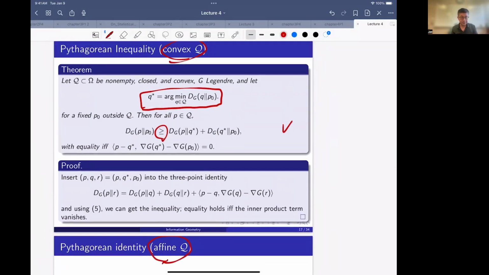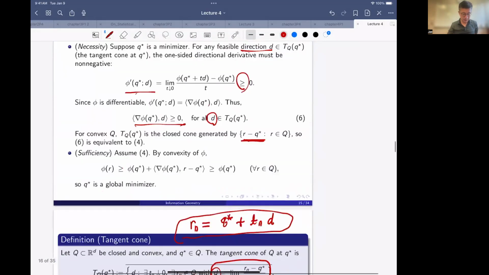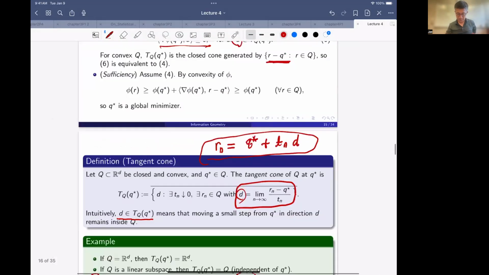And why? This proof itself is pretty much obvious, because if it is convex, and Q is Q star, for Q star we know that this is indeed non-negative by the first order optimality condition, FOC.